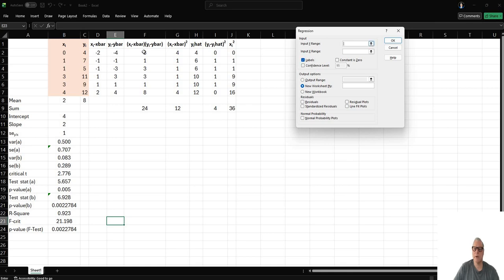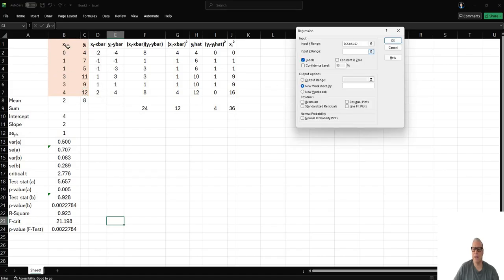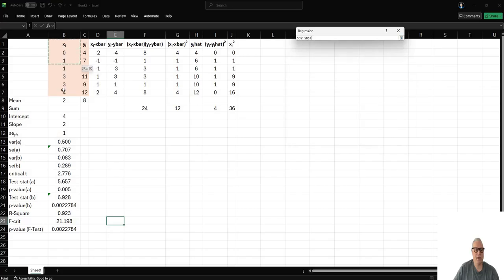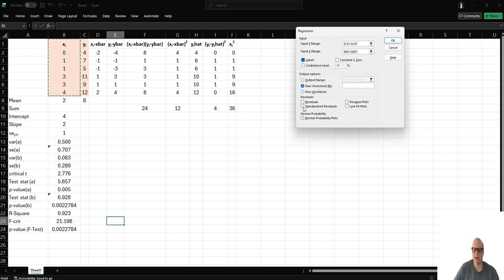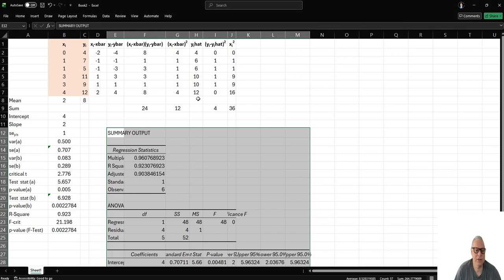So the Y range, we highlight all the Yi's, including the column header Yi. Input range, same thing, we highlight all the Xi's, including the column header. So that means we check that we have labels. And then all we need now is just the output, but I want to show it next to our calculations. That's it, and now we get the regression output.